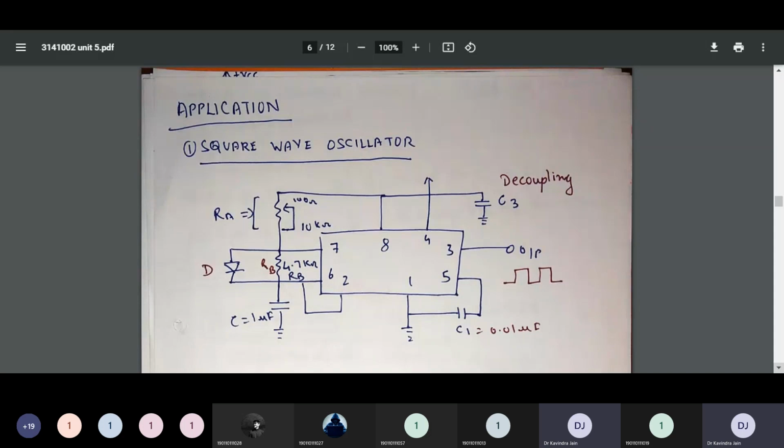I request everyone to please draw the square wave oscillator in the case of 555 timer as an astable multivibrator circuit. That is, the stable state is always switching from one to the other. There is no stable state for a particular time period. So kindly draw the circuit. Once you have drawn, please let me know so that I can proceed further.